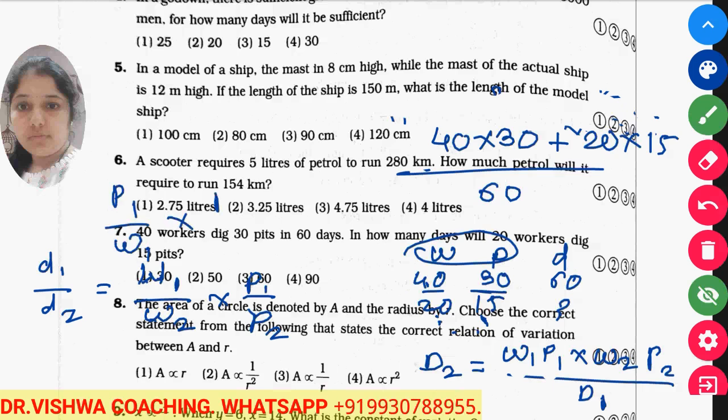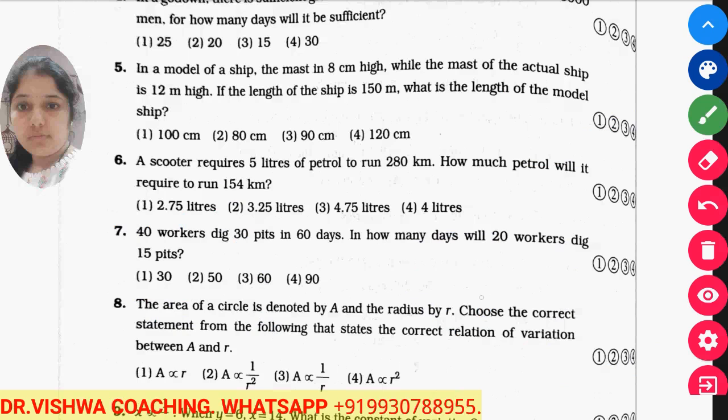P1 upon W1 into P2 upon W2 upon 40 workers upon 20 workers into 30 pits upon 15 pits is equal to 60 days upon how many days?